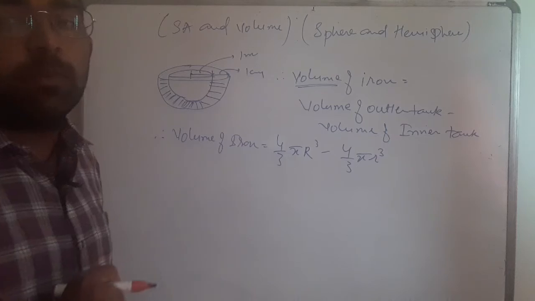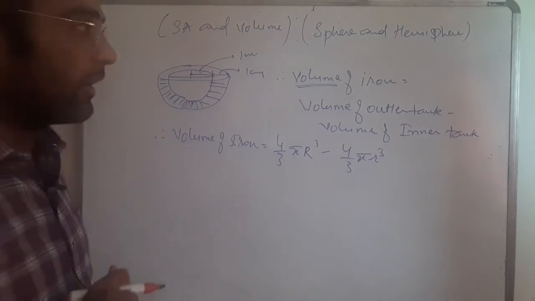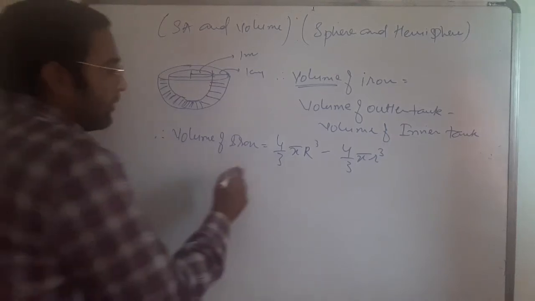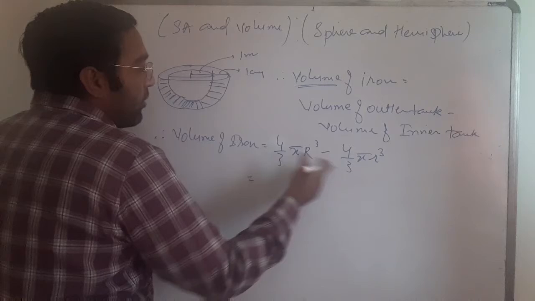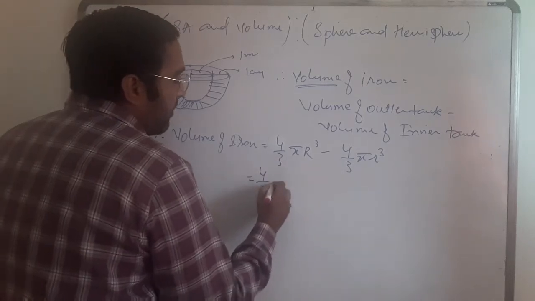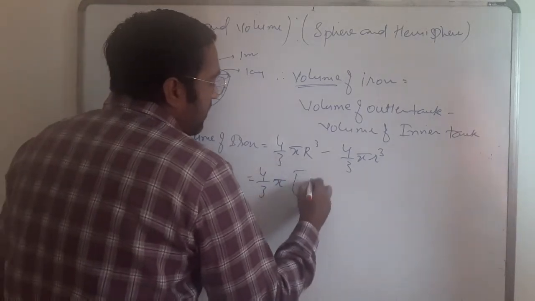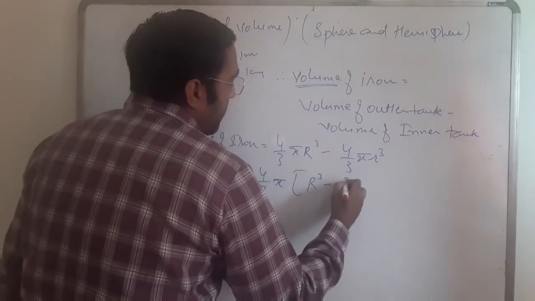Taking 4 by 3 pi common, we get R cube minus r cube.